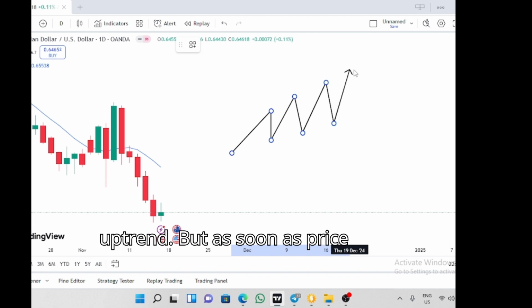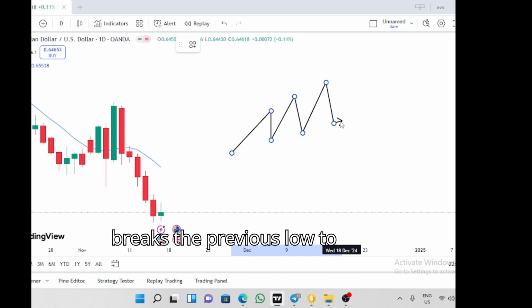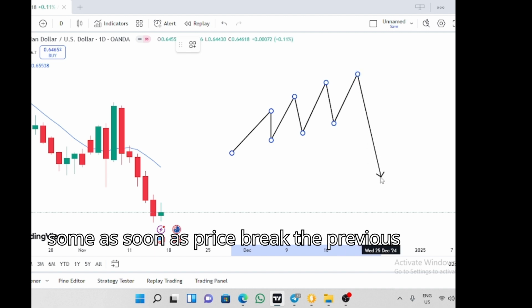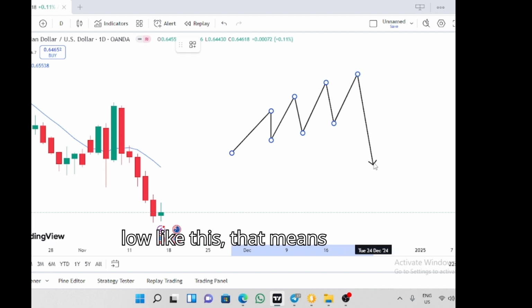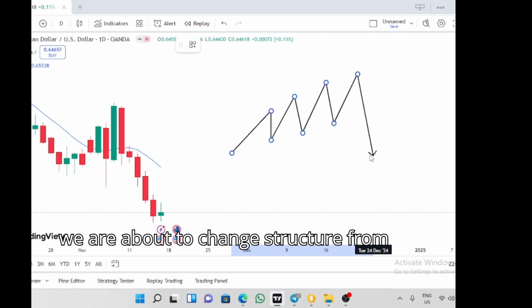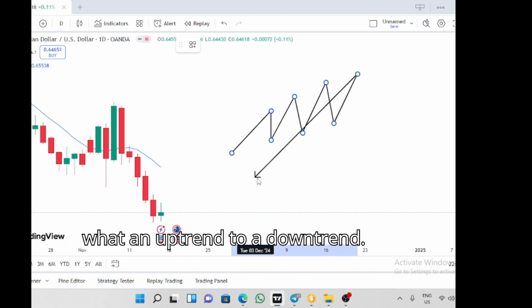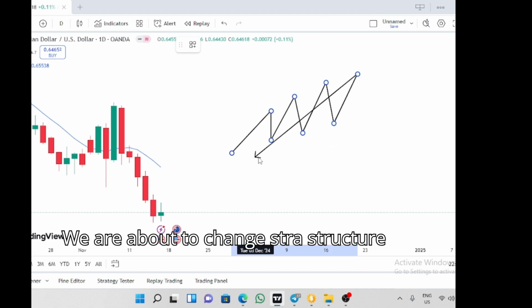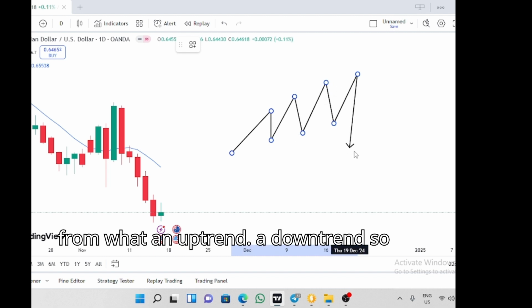But as soon as price breaks the previous low like this, that means we are about to change structure from an uptrend to a downtrend.